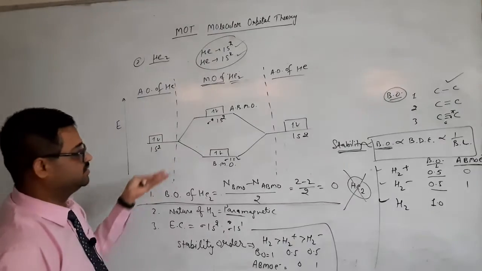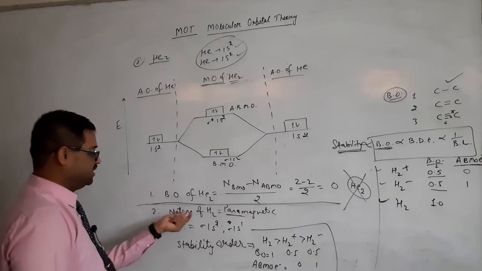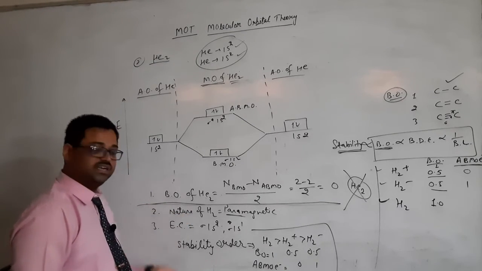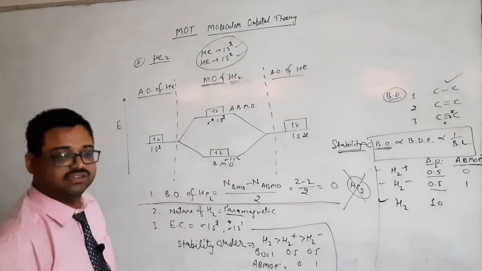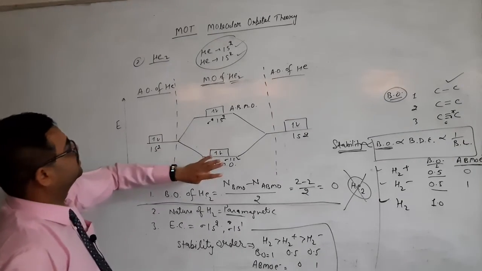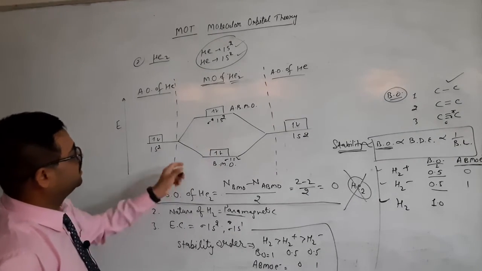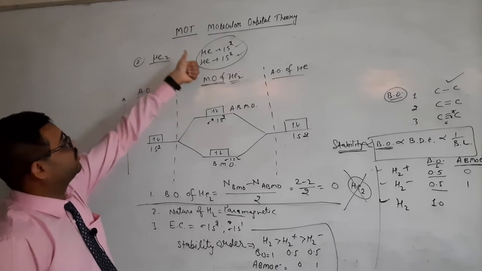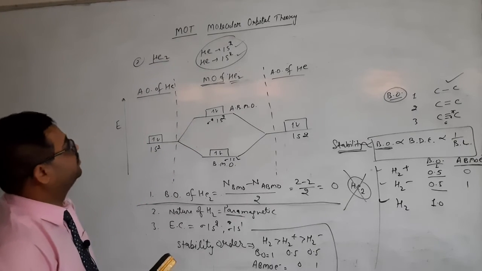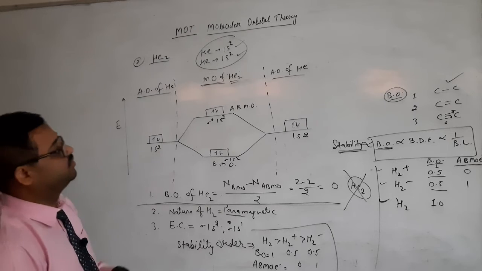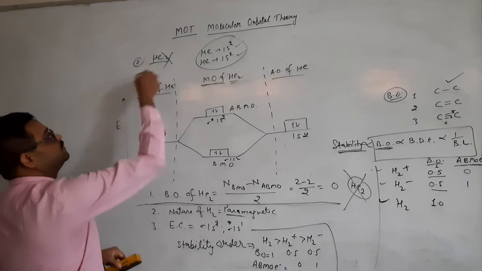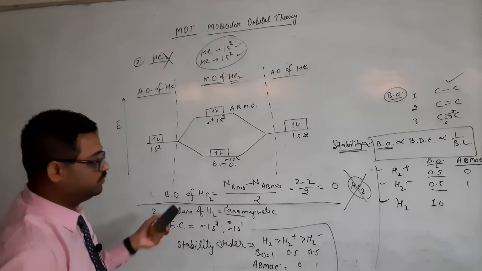If something is not existing, then there will not be any kind of nature, electronic configuration and stability. Clear? So molecular orbital theory proved why He2 is not formed. So you can do it.